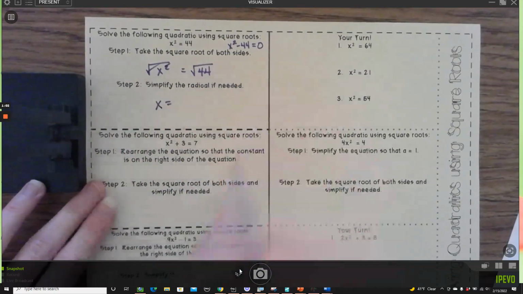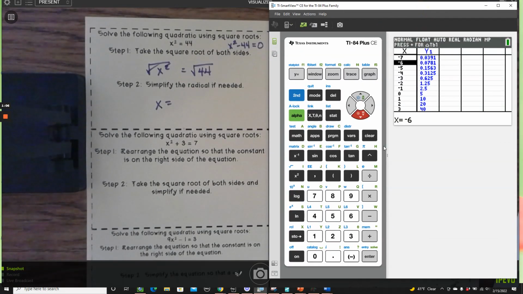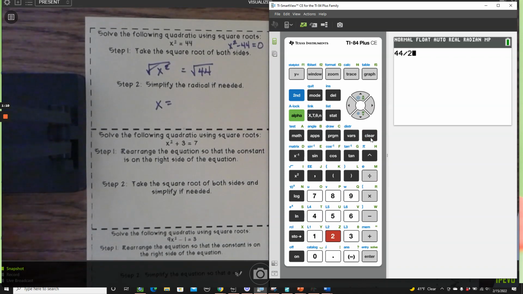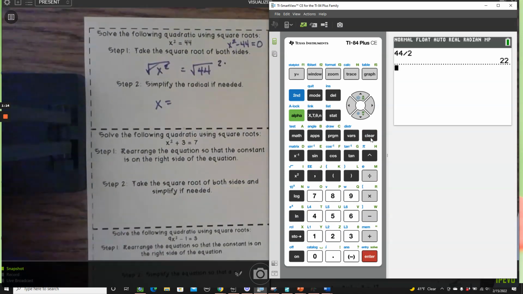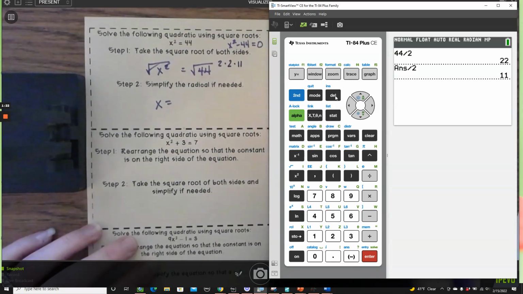Now we can break down 44, and this is where simplifying radicals comes in handy. So if we do 44 divided by 2, we've got 2 times 22, we can divide 22 by 2, and then we're left with an 11, and 11 is prime.